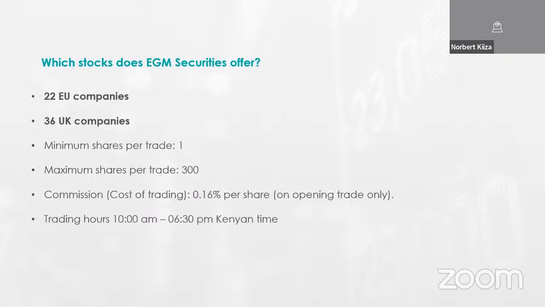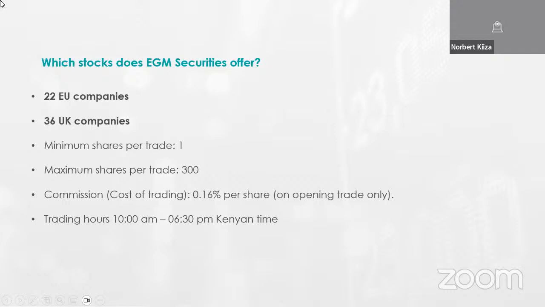Then other companies that traders can trade are European companies, which are around 22. And we also have UK companies, which are around 36 in number. So the minimum contract for which you can own European companies or UK companies is a minimum of 1 share, then a maximum of 300 shares per contract.